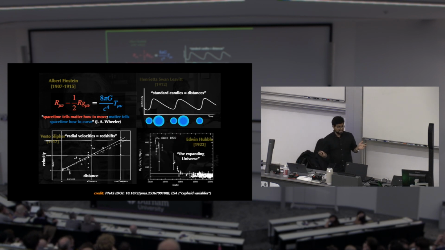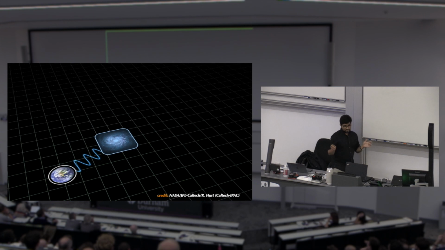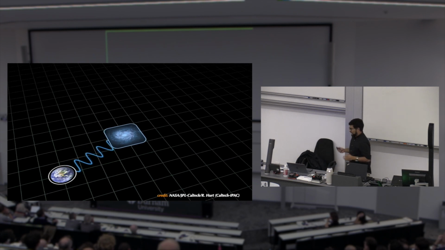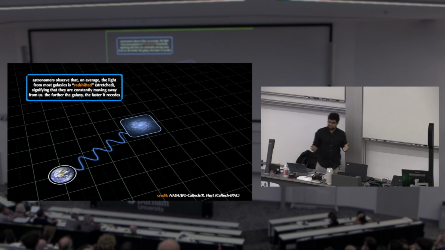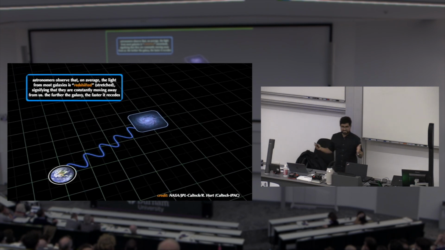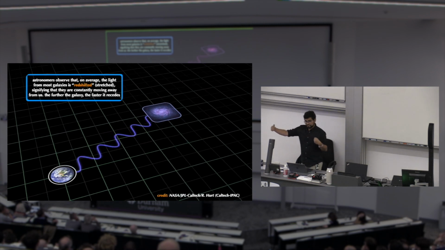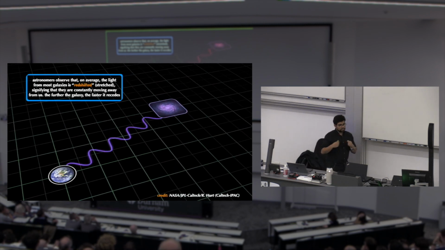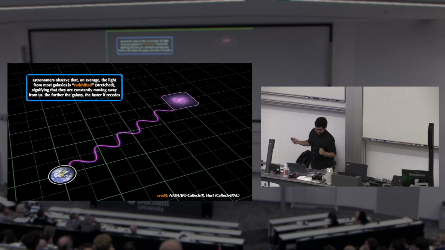So how is a measurement like this done? Well, it basically relies on this idea that, imagine we are observers on Earth, and we are observing a galaxy that is moving away from us due to its own peculiar motion or due to the expansion of space and time. The light from this galaxy will slowly get stretched by the expansion itself towards redder and redder wavelengths in this phenomenon that we call redshifting.